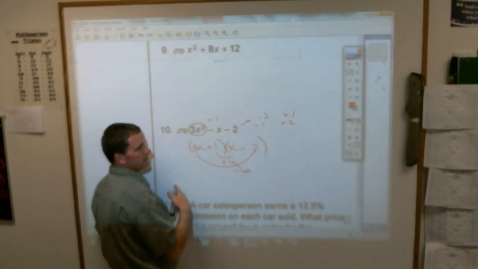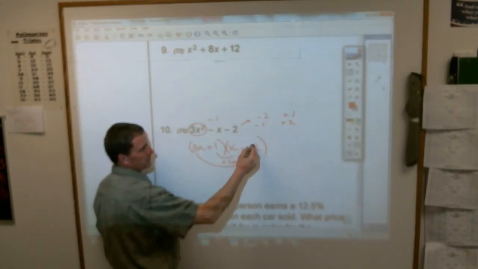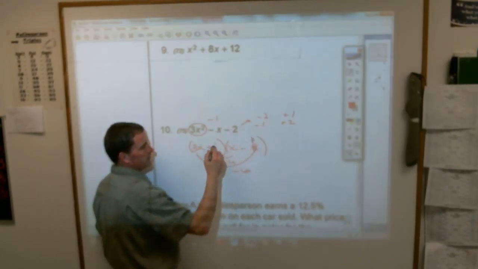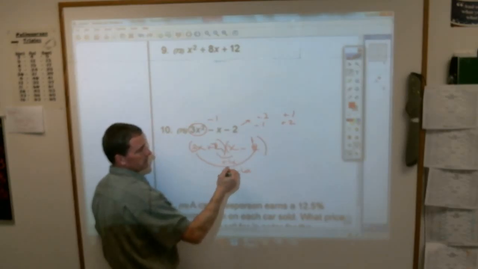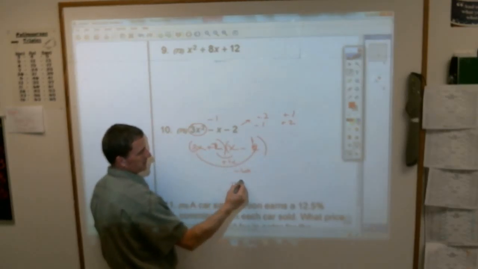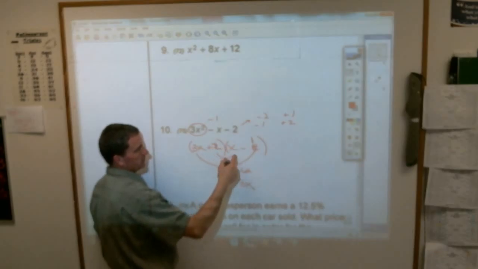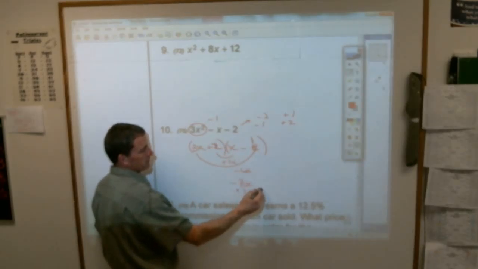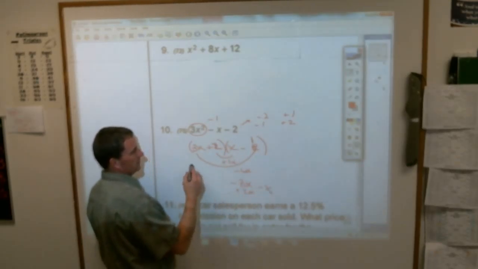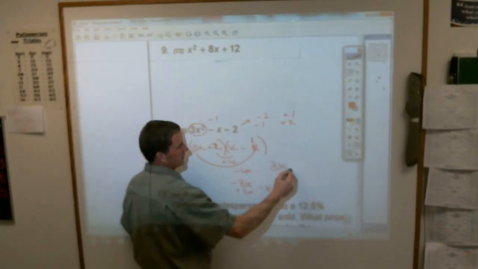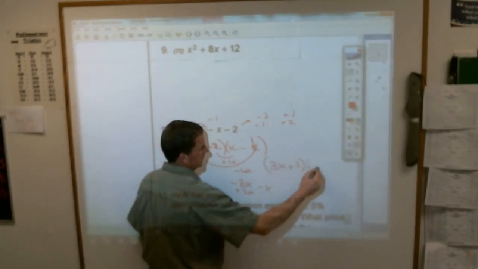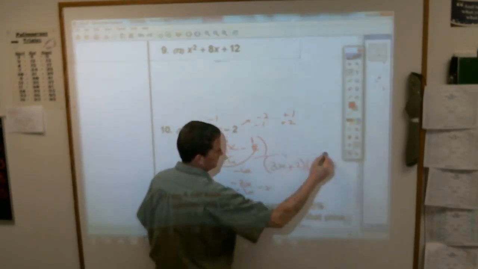It's not that. So you're probably going to have to flip these around and maybe put the 1 here and the 2 there. 1 times 3 is -3x, plus 2 times x is a +2x, and you get your -x middle term. So it has to be 3x plus 2 times x minus 1.